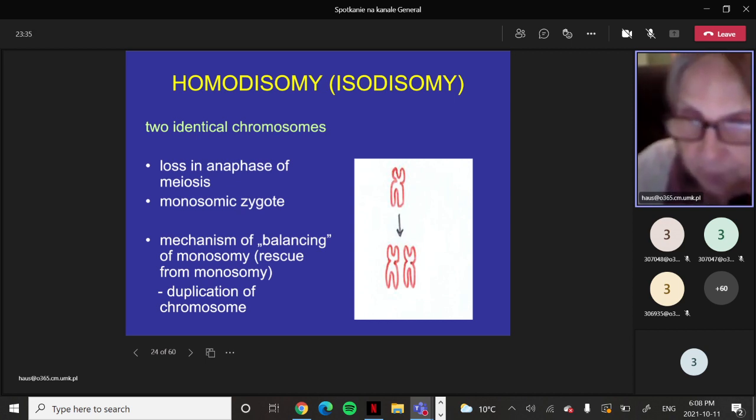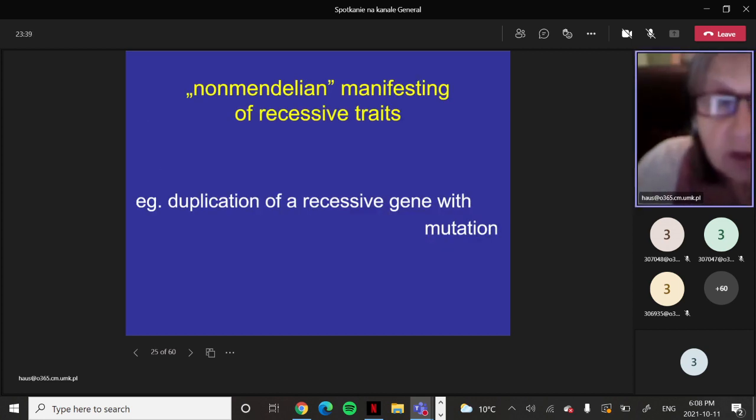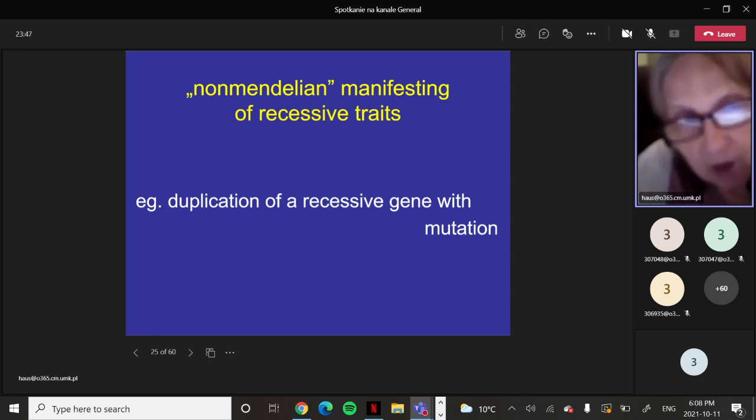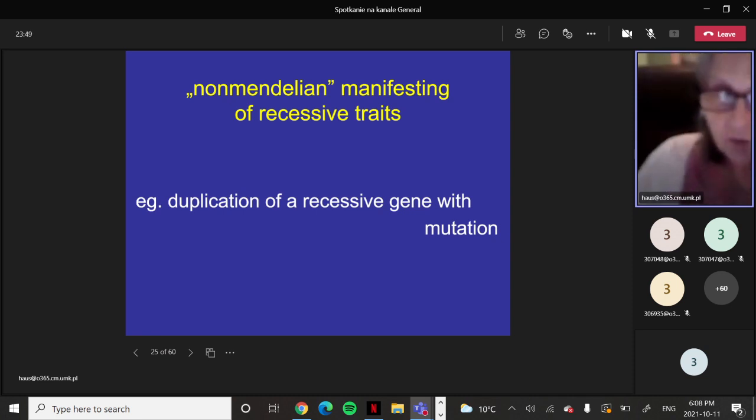Okay, because of duplication of a recessive gene with mutation. Duplication of the whole chromosome means also duplication of all genes on this chromosome.